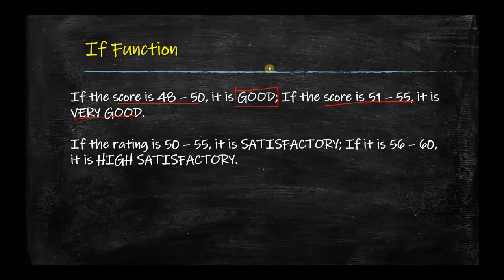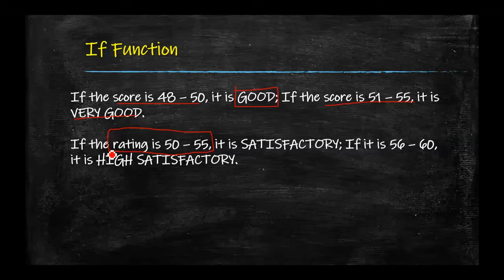So, we need to remember that the condition or the if function first shows a condition or situation. Can you give me the condition needed to happen in order to have a result? What is our condition there? In our first sentence, if our rating is 50 to 55, that is our only condition. The result is satisfactory. Is that clear?